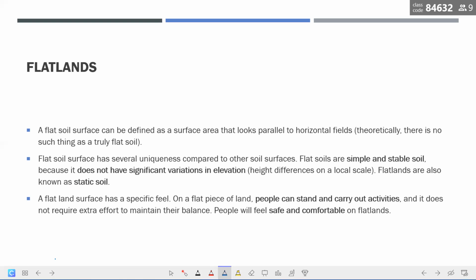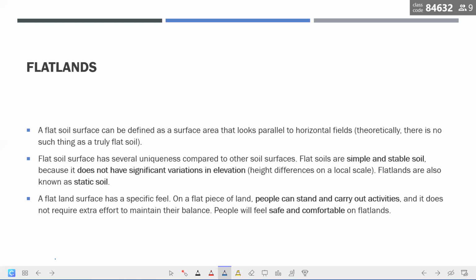Flatlands have several uniqueness compared to the other categories. They are simple, stable, of course. It's flat, it's not moving about. They're simple and stable because they don't have any significant variations in height or elevation. Flatlands are also known as static soil.